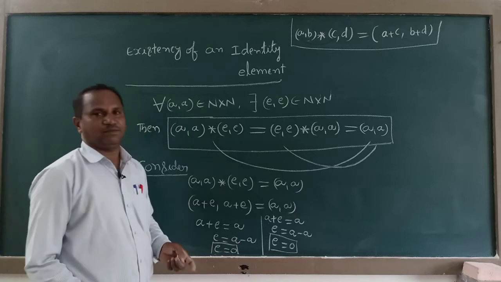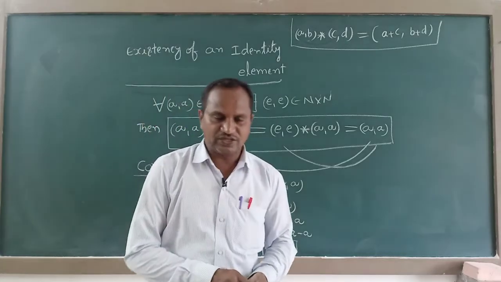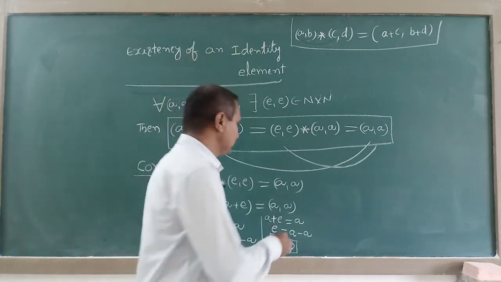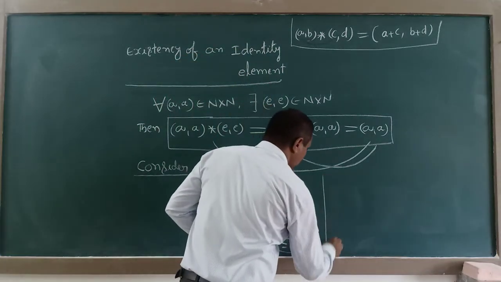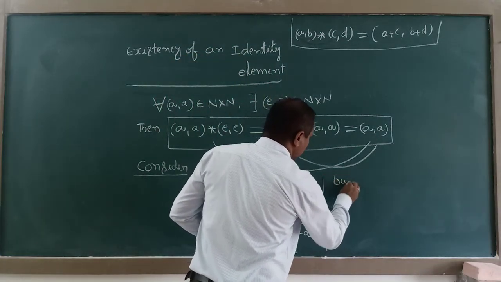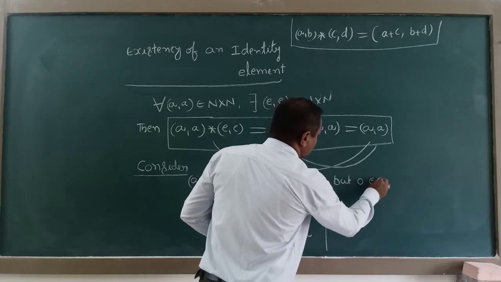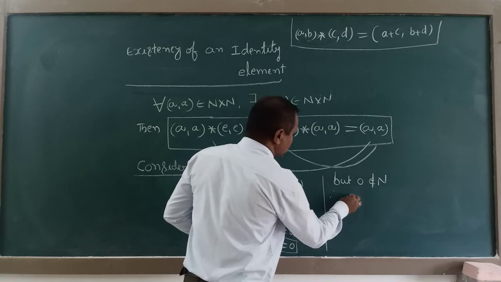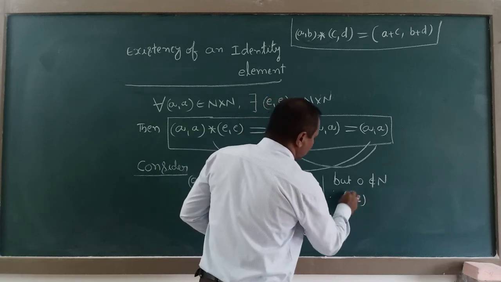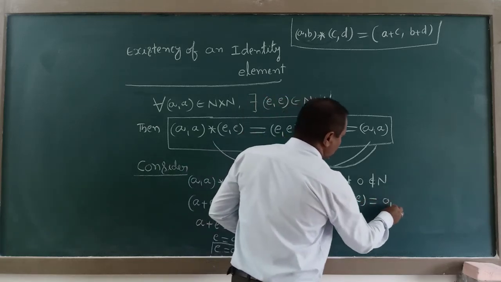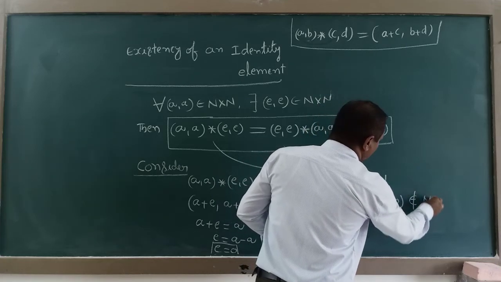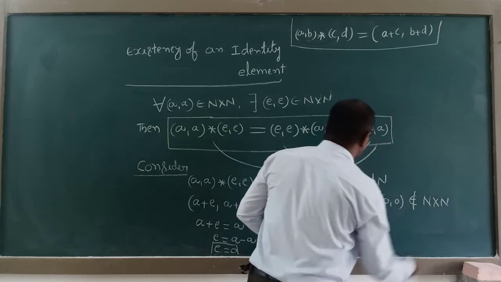But 0 has come here, and 0 does not belong to capital N. Therefore, E comma E is equal to 0 comma 0, which does not belong to n cross n here.